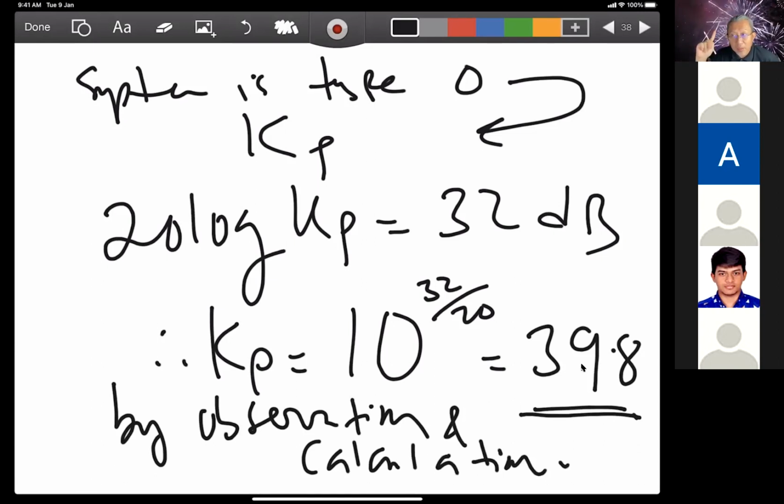This is the first method to get the Kp value from the graph.